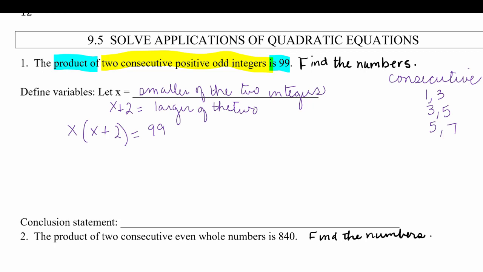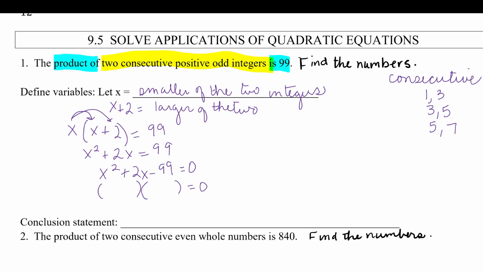Okay. Now, to solve this equation, first we need to distribute the x. So we're going to get x squared plus 2x equals 99. And this is a quadratic equation. And to solve it, we need a 0 on one side. So we're going to subtract the 99. And now we have a quadratic equation in standard form, and this one factors, doesn't it?